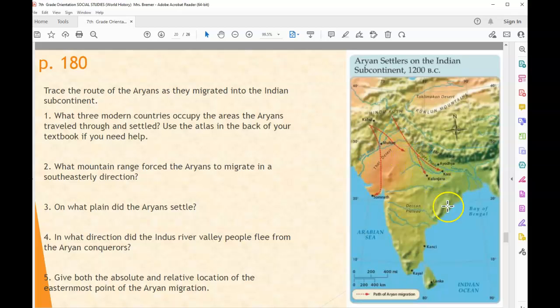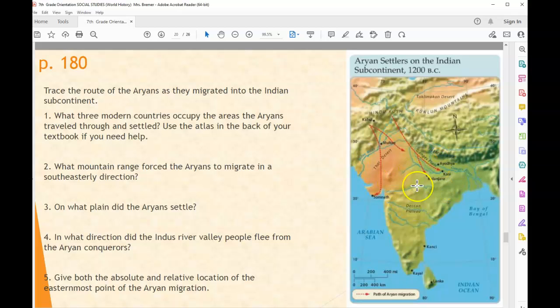Do you see a plain in here? An area that's flat. In what direction did the Indus River Valley people flee from the Aryans? So if the Aryans were coming down, where did people go? And what's the location? How would you give the location using the absolute, meaning giving the numbers? And then relative location. So write those answers. Like, where is this?